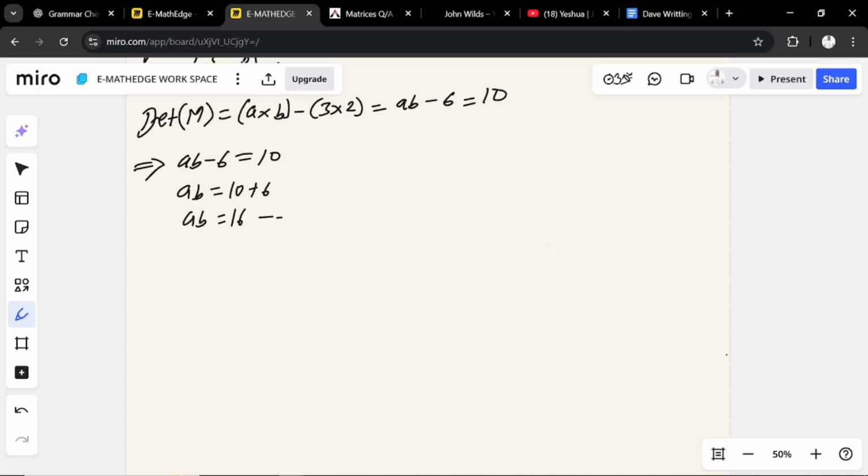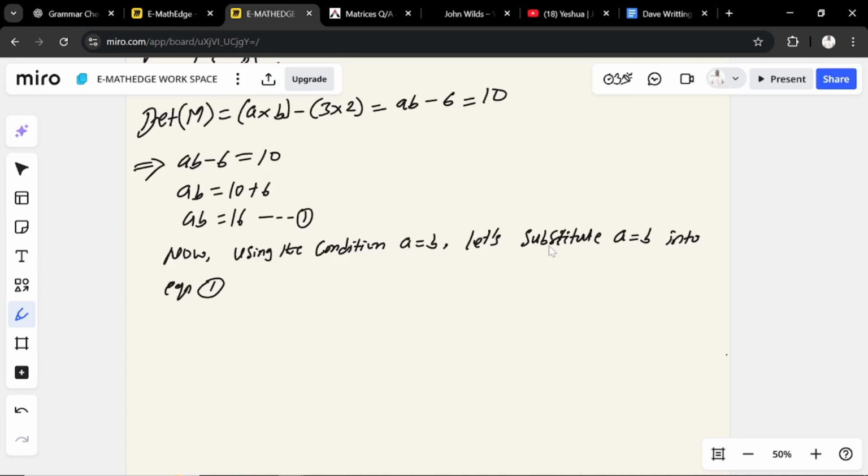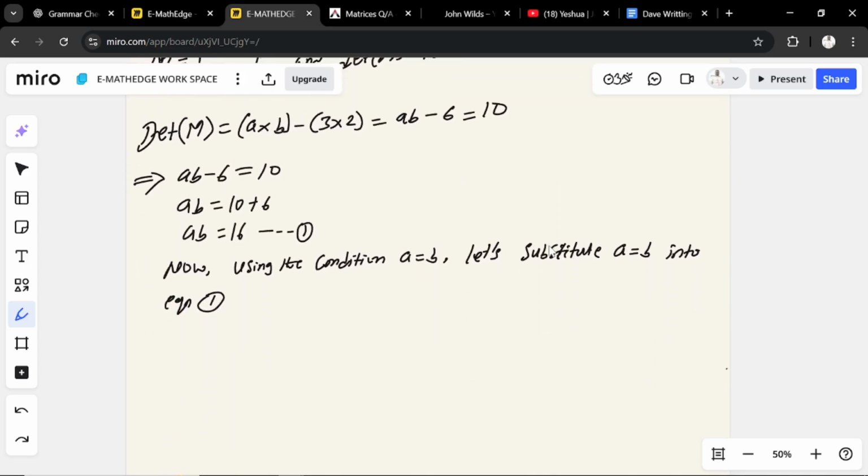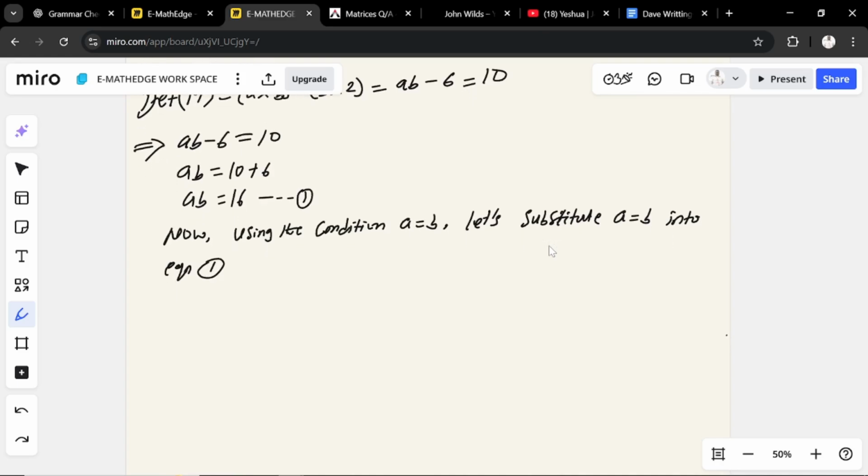Let's call this equation 1, because we are going to be making reference to it. Now, using the condition which was given earlier, that A is equal to B. If we go back to the question, you will observe that the condition was given at the end of the question, A is equal to B. That is, the value of A you are going to obtain must be equal to B. So using that condition, we want to substitute the value of A, which is equal to B, into equation 1 so that we will have similar variables to work with.